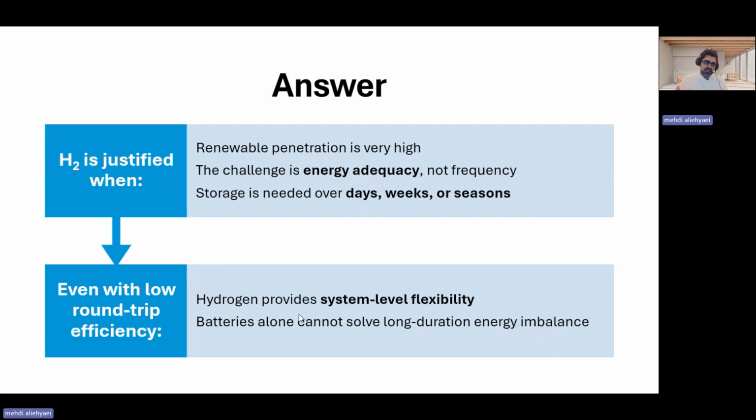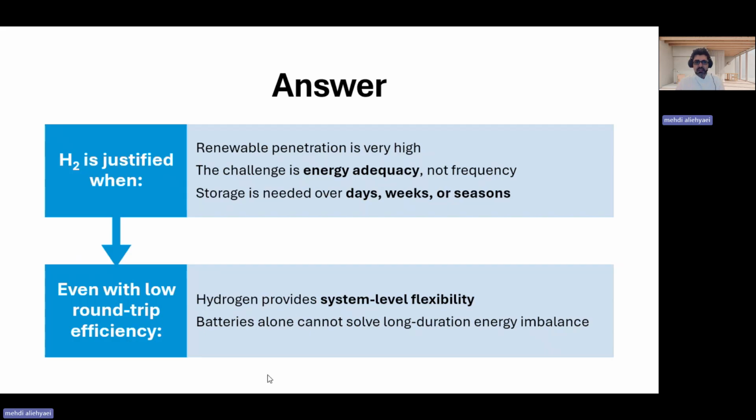So in general, we use H2 for storage in the longer period of time and use the battery energy storage in the shorter periods of time.